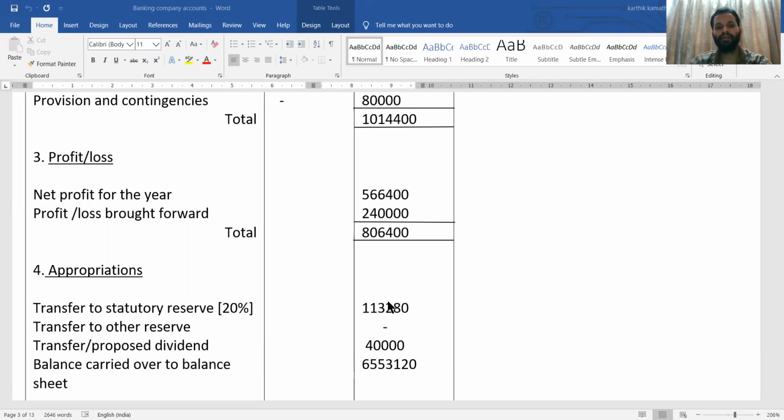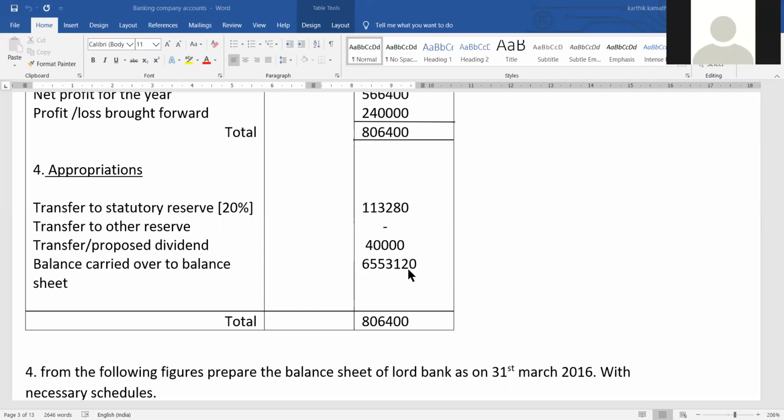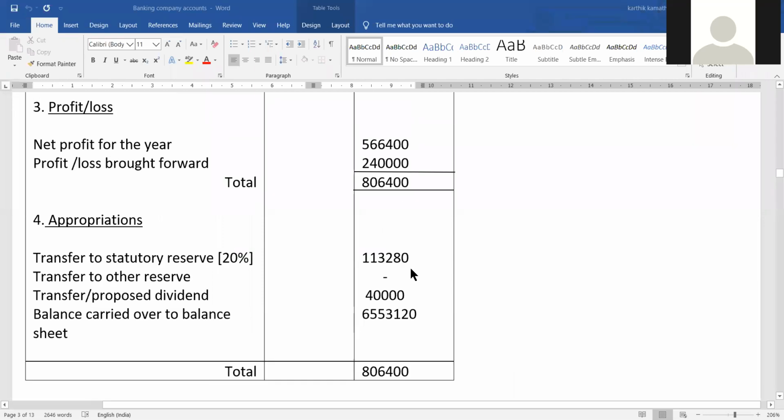How to calculate? That is the 8,06,400 total profit minus the appropriation amounts. All appropriation amounts you need to deduct. Total profit 8,06,400 minus 1,13,280 minus 40,000. If you do this, you will get one amount, that is nothing but 6,65,320. So once you check this amount, wrong, sir? Huh? It is 6 lakh something, 53,120. How 65 lakh?